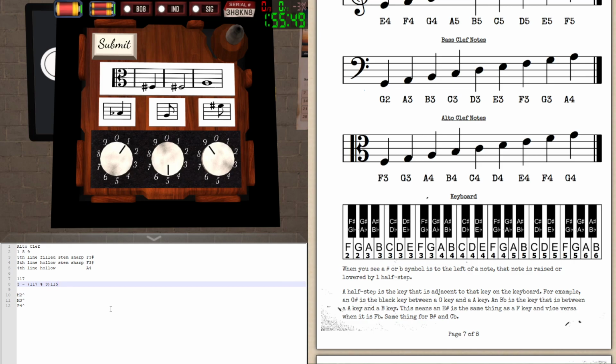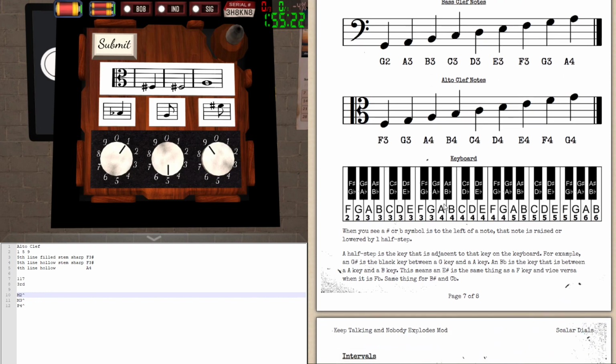Actually, this would be 0, because 1 plus 1 plus 7 is 9, so it is divisible by 3, so this is definitely a 0. So 3 minus 0 is 3, so that means the 3rd note was playing, which is this A4. So we're going to find A4 on this keyboard, right over there.